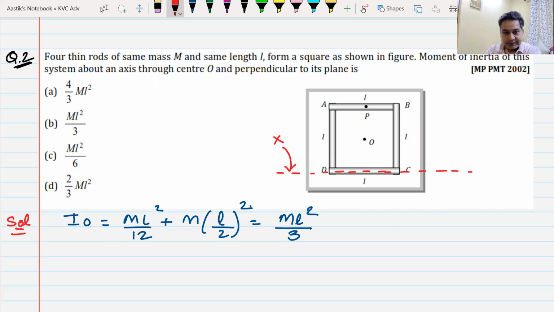Do it. Remember, the objective of this class is always whatever we do, we must be good at that. If a question comes from that thing, we should be able to do it. But at some point in time, you must also work on the speed. Anyone with any answer? Moment of inertia about this axis.